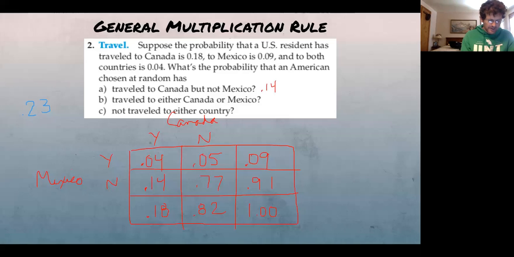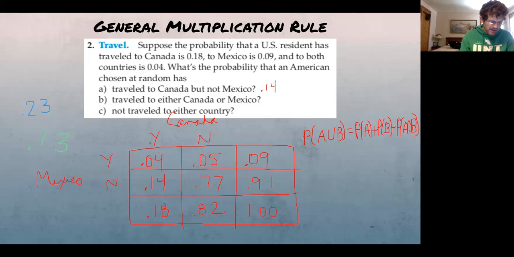Keep in mind that we are using our general addition rule for this, because the general addition rule is used for or. So the probability of A or B is the probability of A plus the probability of B minus the probability of A and B. The probability of going to Canada is 0.18.